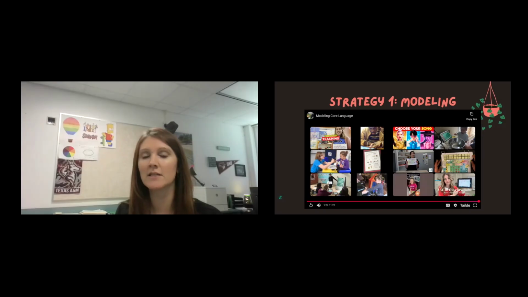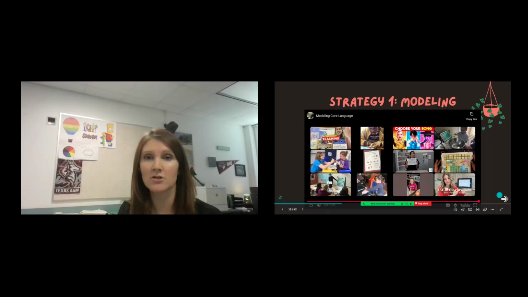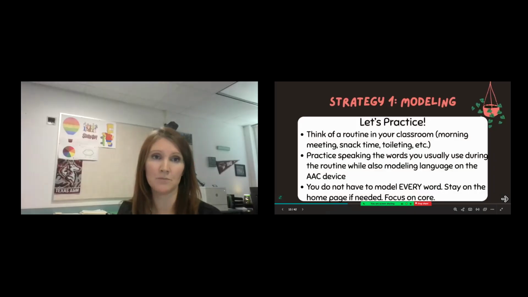It's a mystery bag activity. When we've asked teachers in the past if this looks like something realistically that they could do in their classroom, most of them say yes. They could incorporate an activity like this. They could model like this. Most teachers have that pointer that they can use to model on a board. So it's just a really nice reflection of what can actually happen in a classroom.